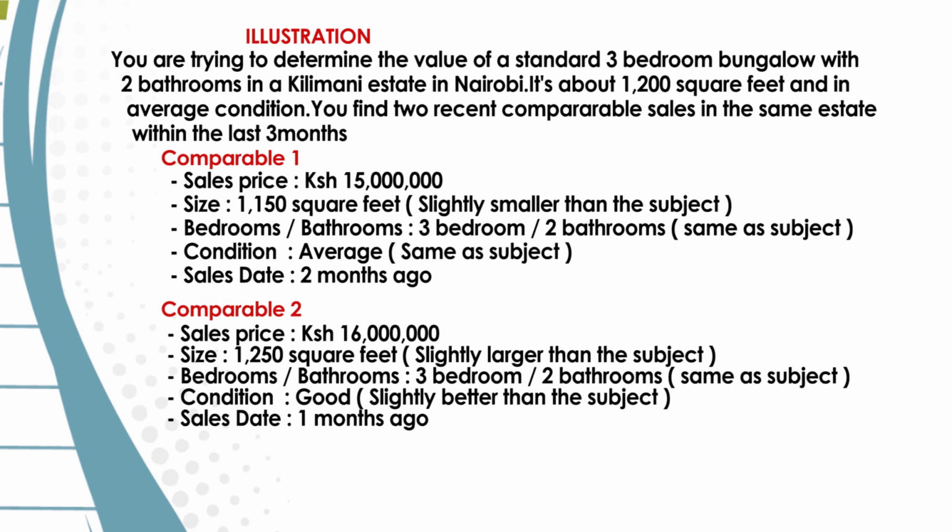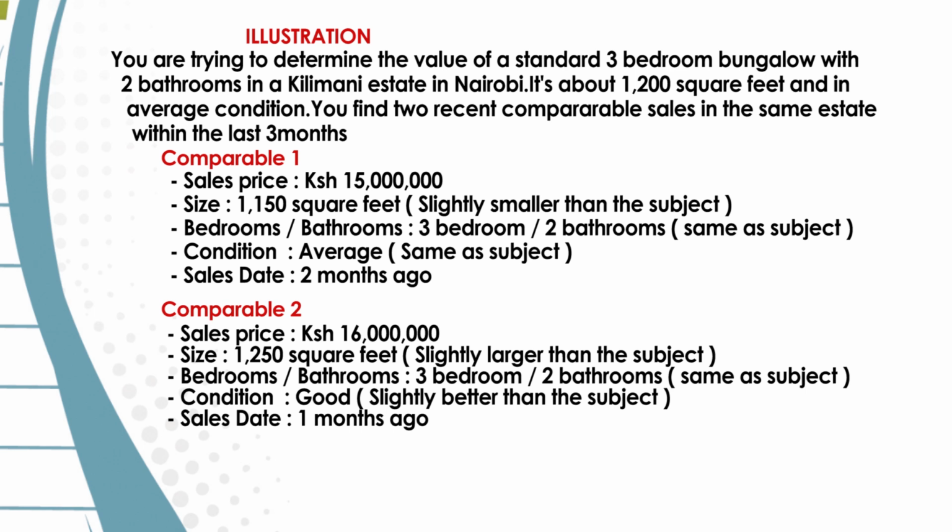Now, based on your market knowledge, there is market knowledge on the size difference. Each extra 50 square feet is worth approximately 200,000 shillings. There is market knowledge on condition difference.